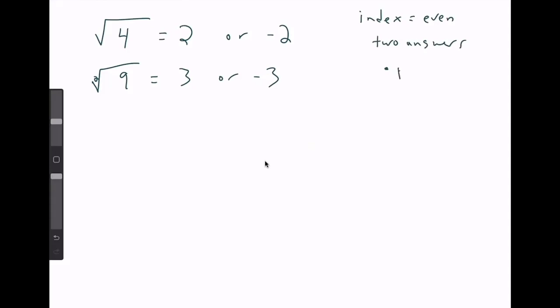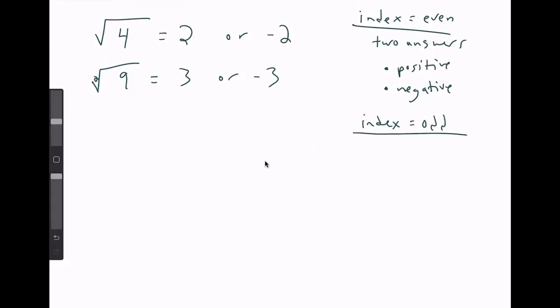One is going to be positive, and one is going to be negative. Okay. So whenever that index is even, now, whenever the index is odd, well, what does that mean?